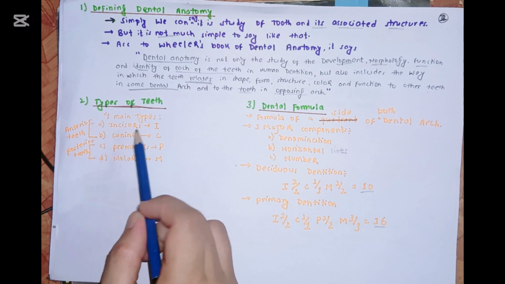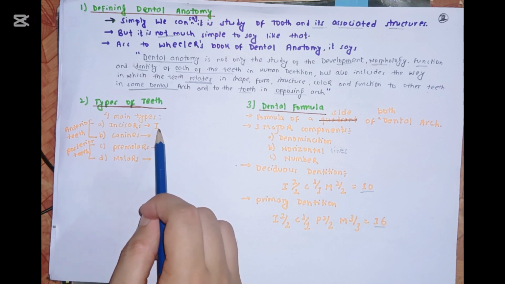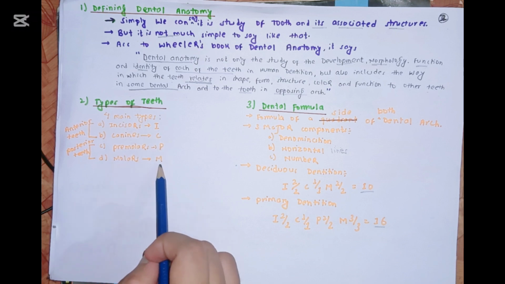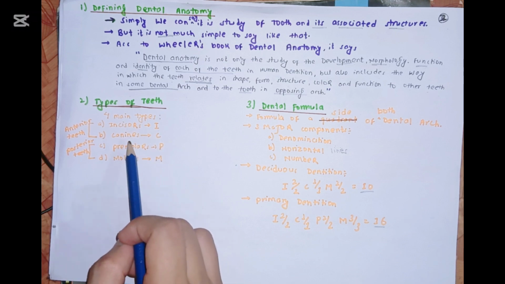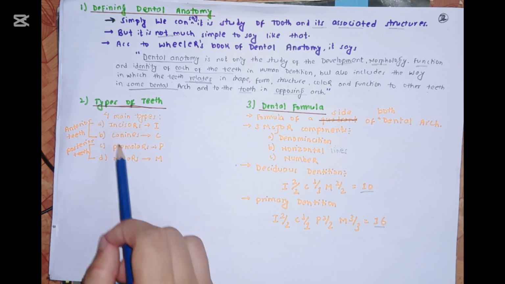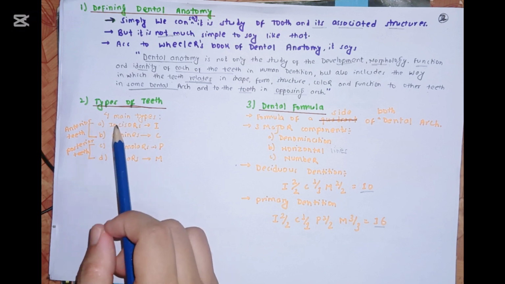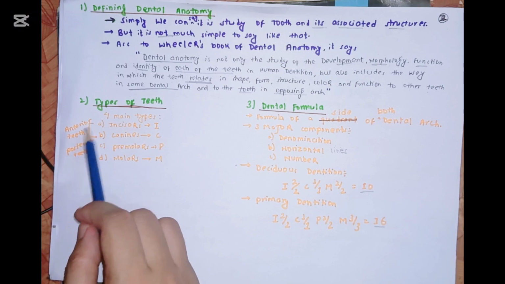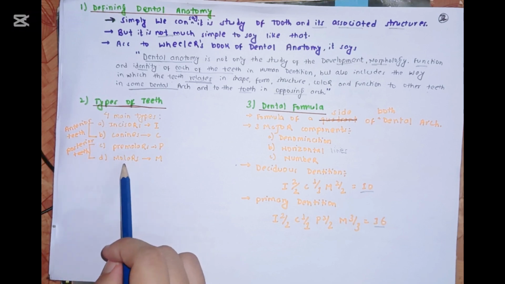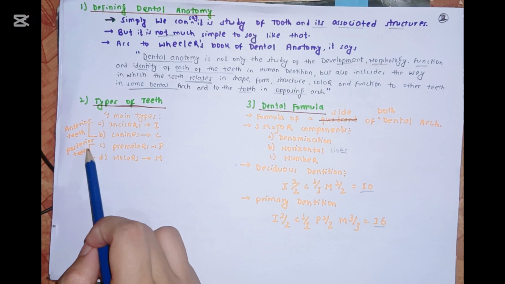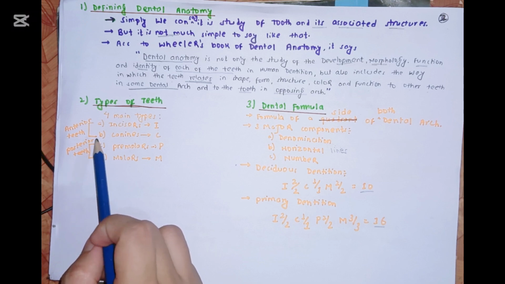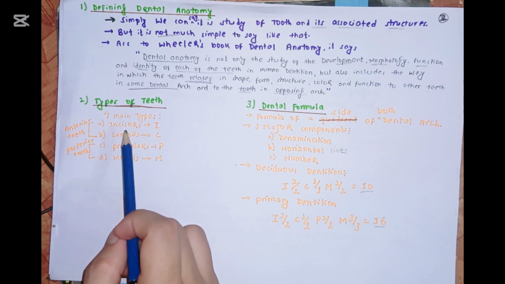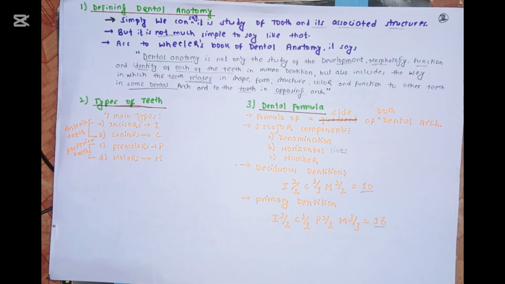The designation for incisors is I, for canines C, for premolars P, and for molars M. According to the position of the teeth, incisors and canines are anterior teeth, and premolars and molars are posterior teeth. Anterior teeth are mostly used for tearing and biting.